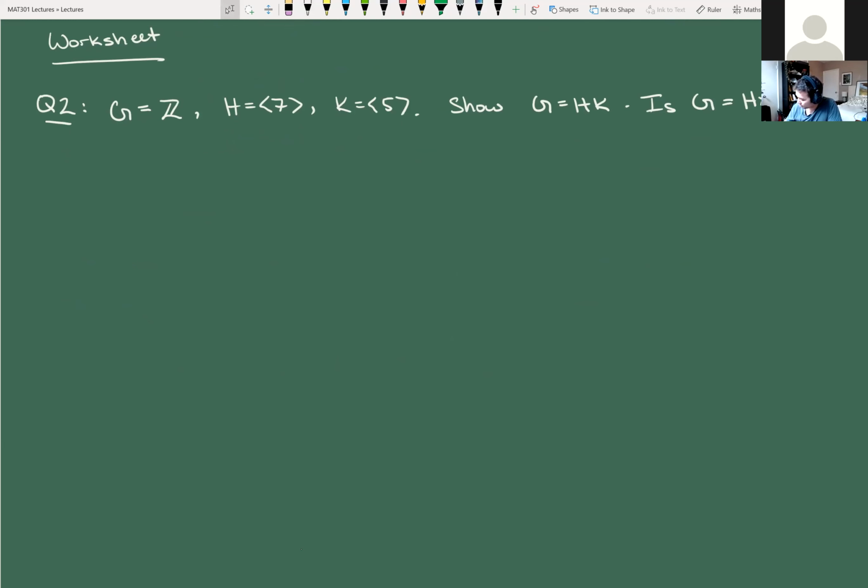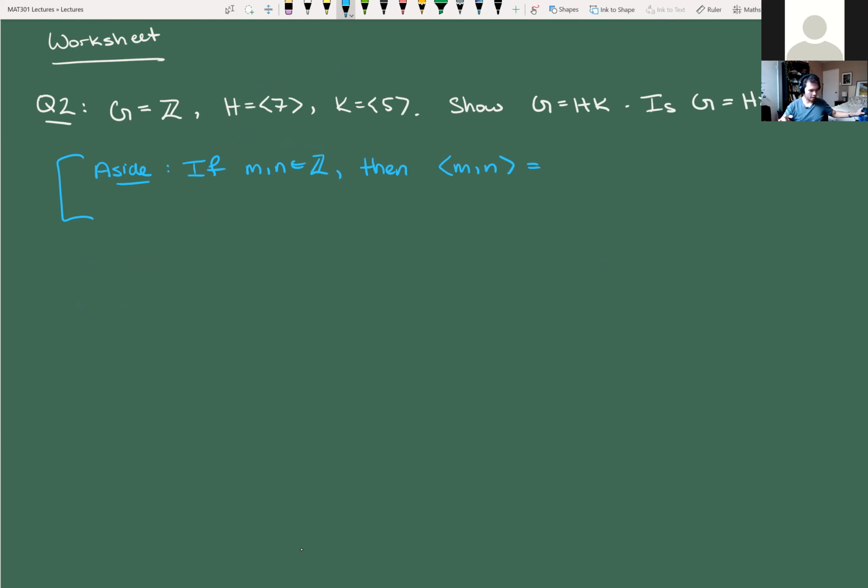As an aside, if M and N are integers, then the subgroup generated by M and N is equal to what in Z? We definitely did this in this lecture.